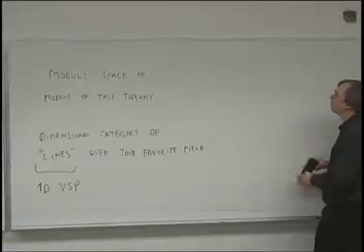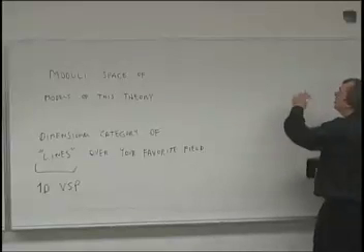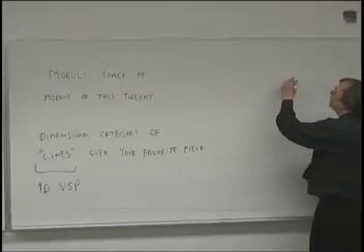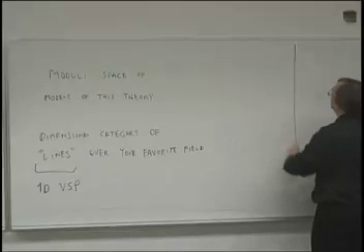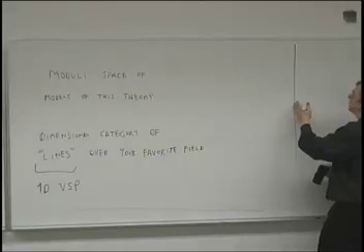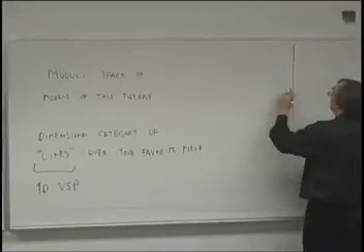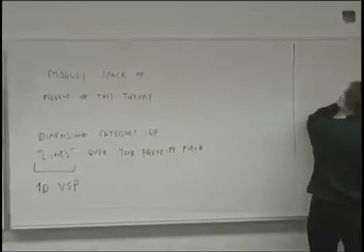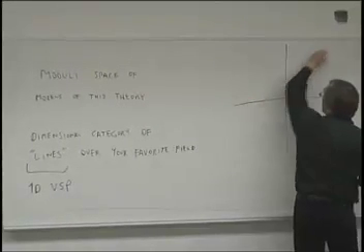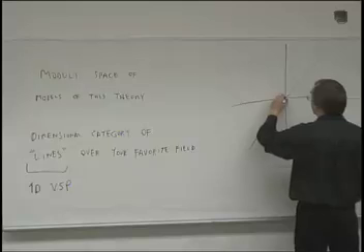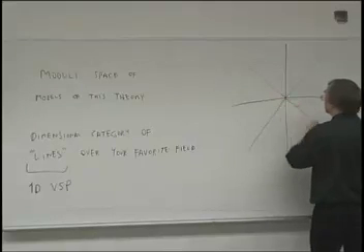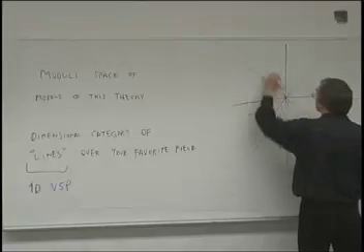I'll draw a little bit of a picture of the projective line. So the projective line is really lines in a two-dimensional vector space. We have the flat plane as a two-dimensional vector space, and there are all these lines through the origin. And that's sort of the points of the projective line. So it looks like this.